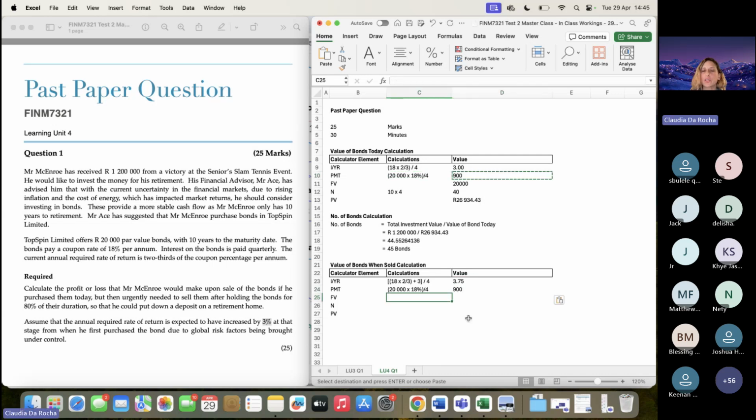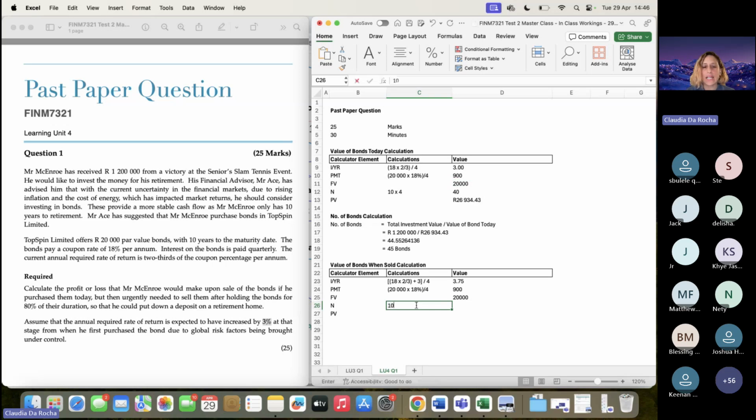My future value is still the 20,000. That hasn't changed. Okay, but now my N has changed, because now we're saying we're going to sell it once 80% of the time has gone past. And with bonds, we always calculate using the years to maturity. So if 80% of the time has gone, we need to calculate the bond for 20% left.